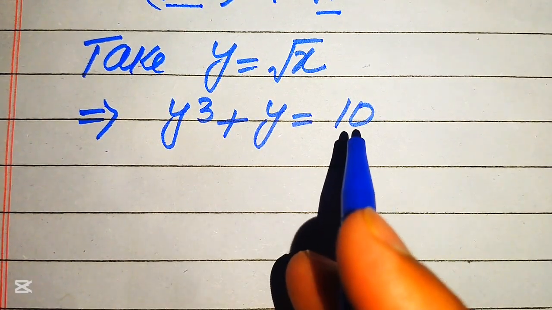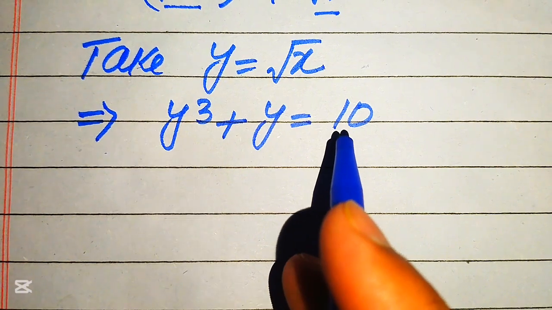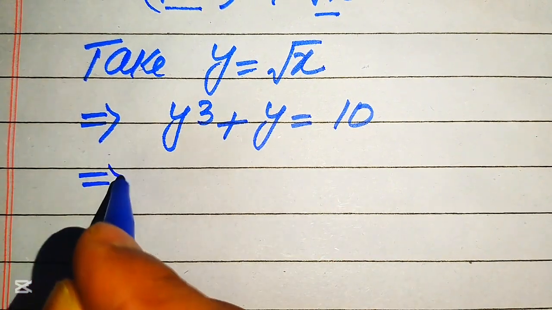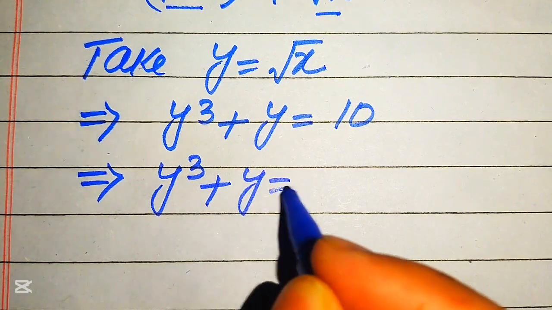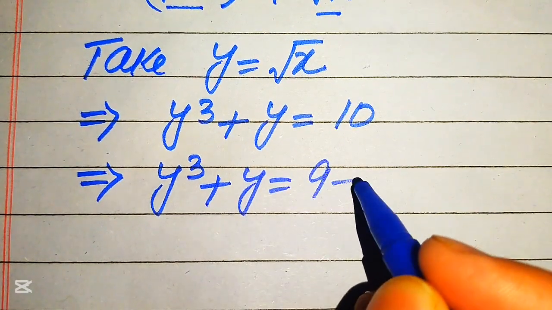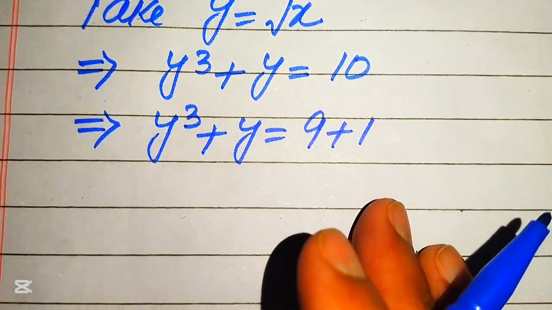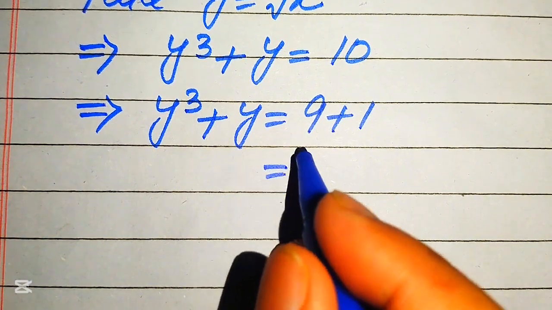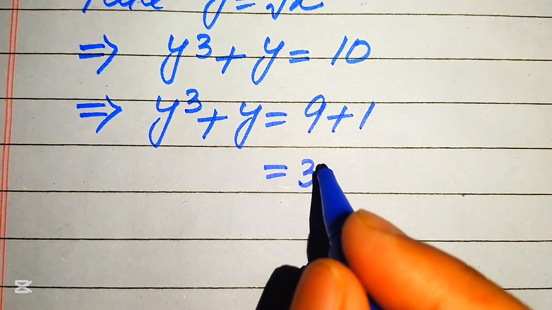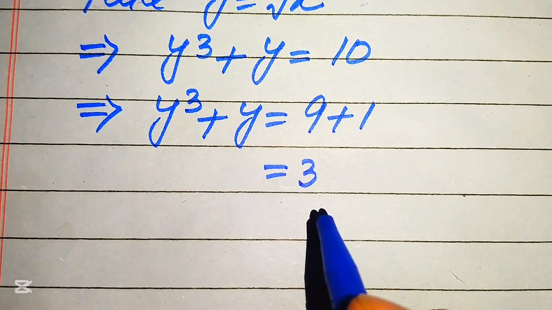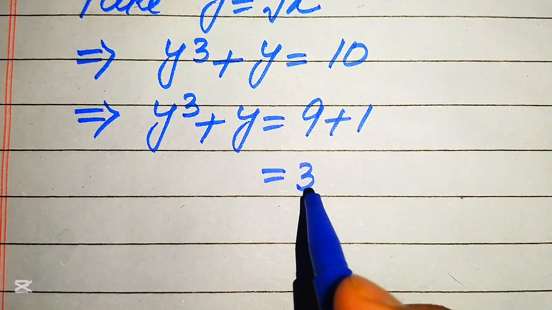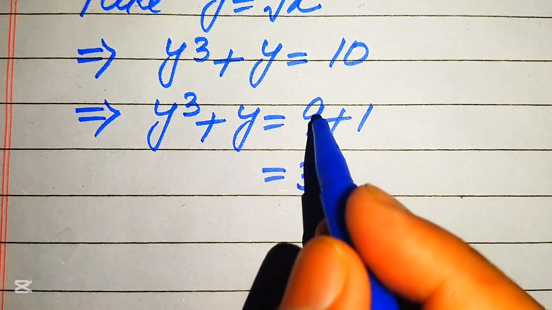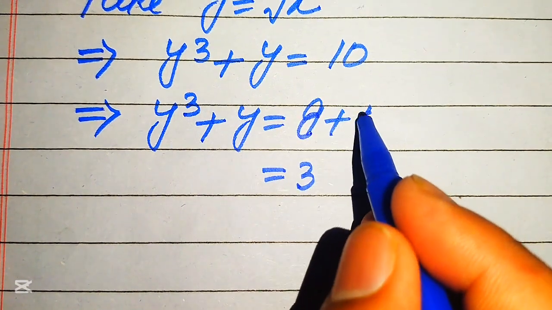So first we need to rewrite this 10 in another form. Here we have y cubed plus y. We could write 10 as 9 plus 1, but because we cannot convert these two numbers into cubic form, we write 10 as 8 plus 2.